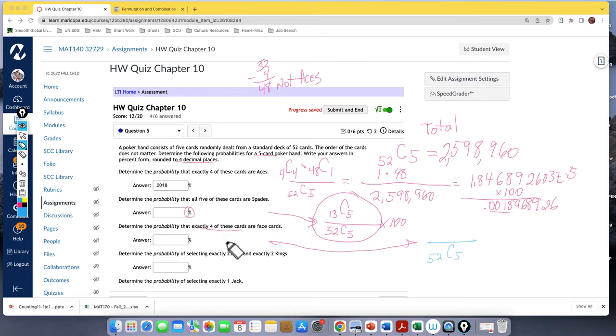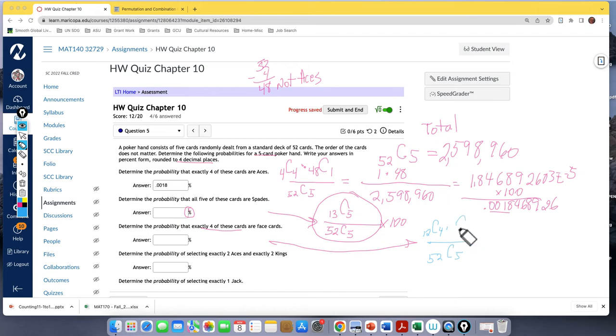How many face cards are in a deck of cards? There's 4 kings, 4 queens, 4 jacks. 4 times 3, those are all the face cards, so there's 12 face cards. So what we're going to do is from those 12 face cards, we're going to choose 4 of them.